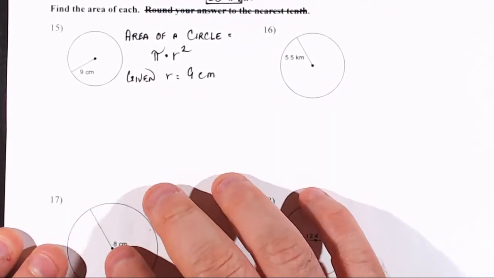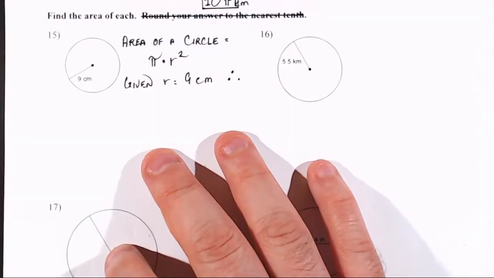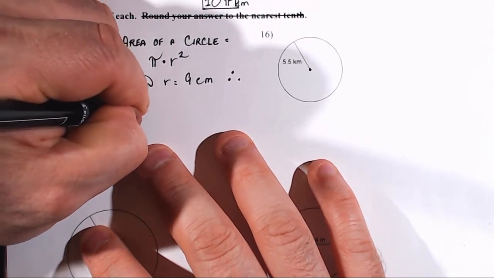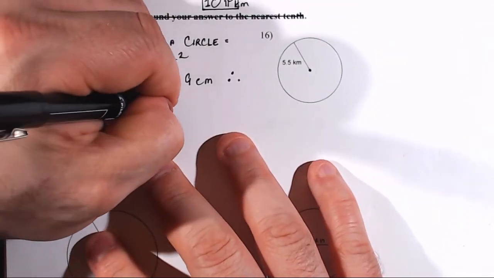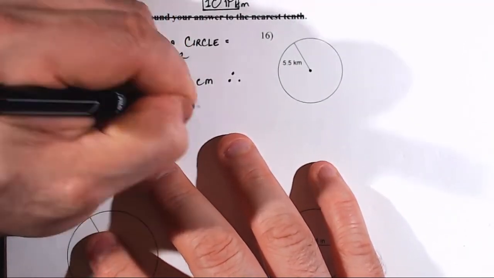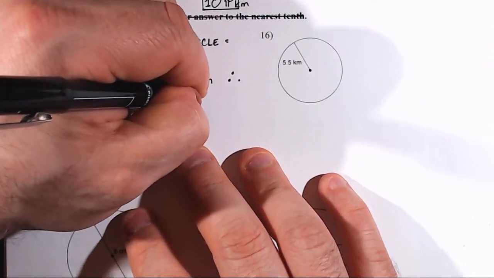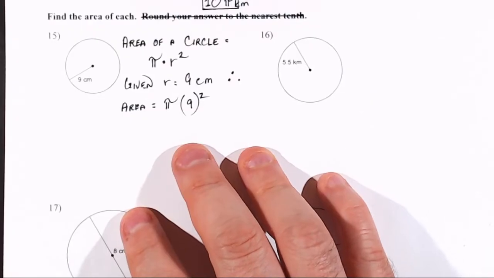Given that r equals 9 centimeters, then, therefore, the area equals pi, and then we'll put an open parentheses, 9, and then we will close the parentheses and put squared.